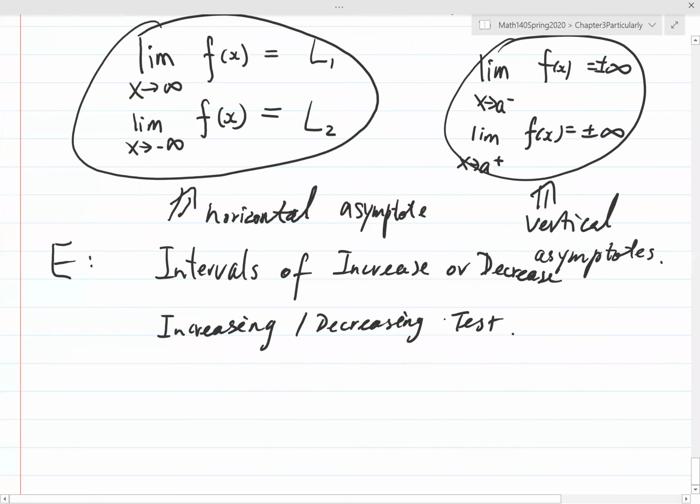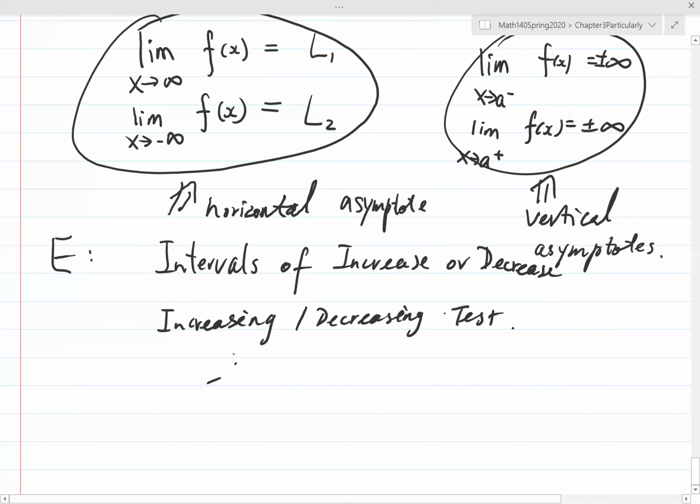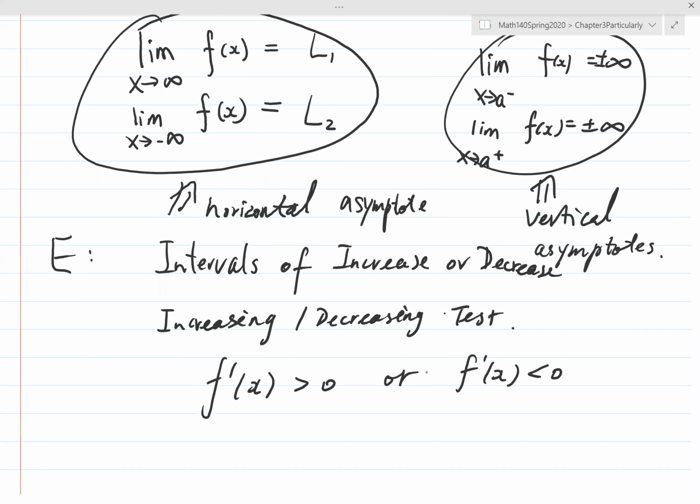We need to determine whether f prime of x is positive or less than 0: for what values of x the derivative is positive, and for what values of x the derivative is negative. Find all such x values, and then we can totally determine when the function is increasing or decreasing.